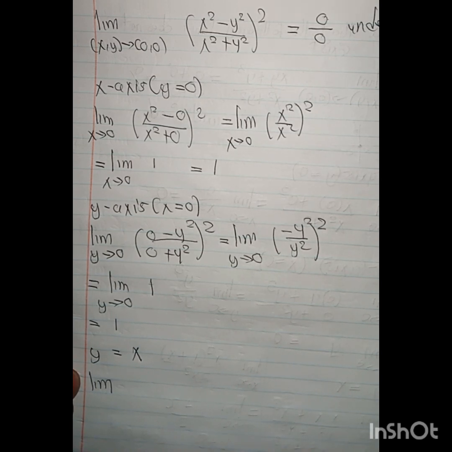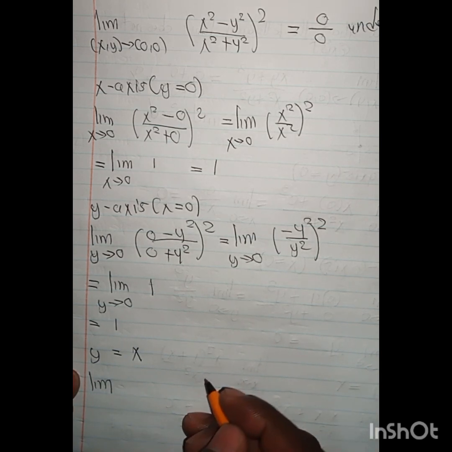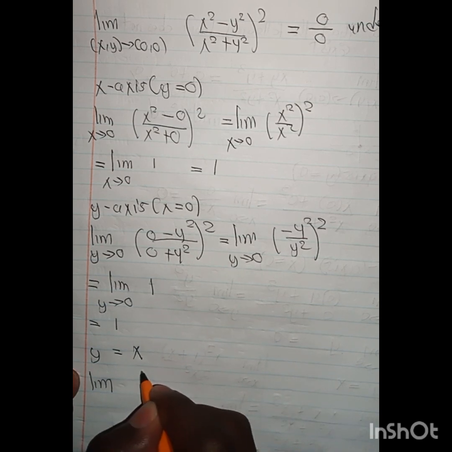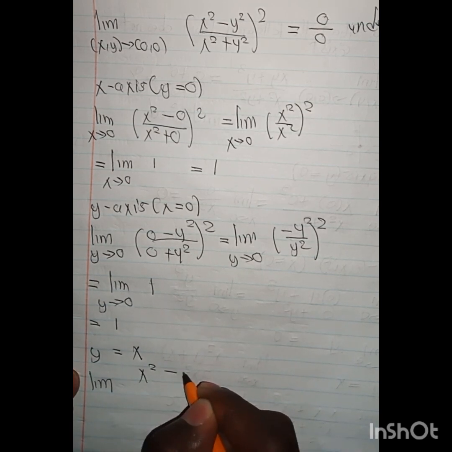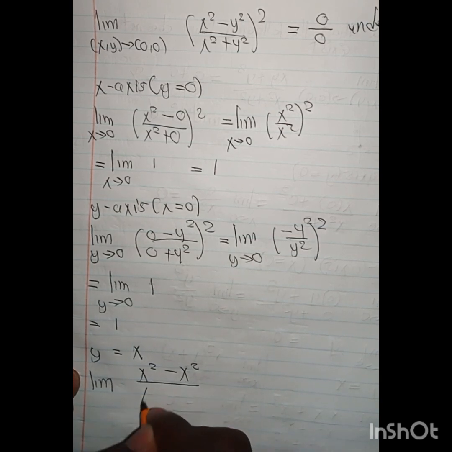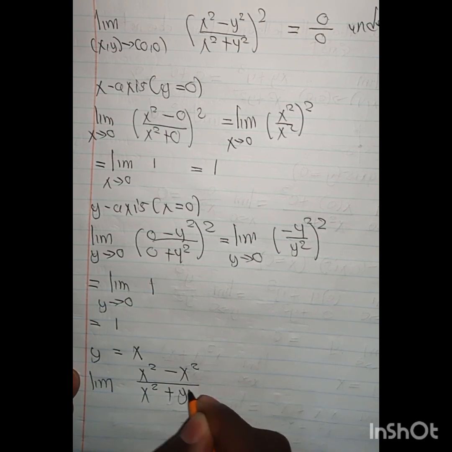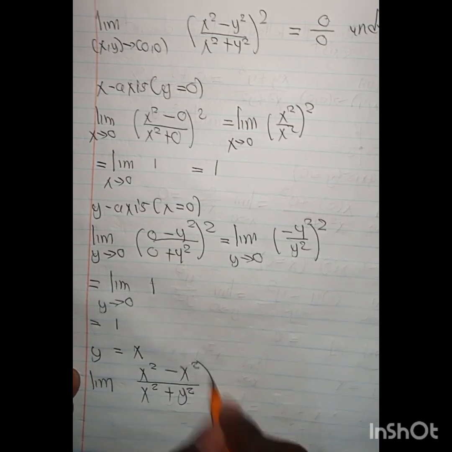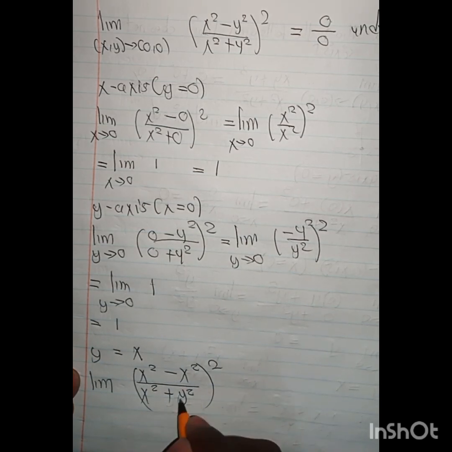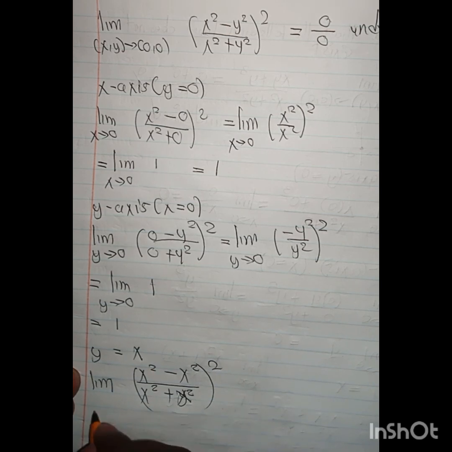If we make y to be x, we'll have x squared minus x squared, all this over x squared plus y squared, then you raise everything to the power 2. This must be x squared if we make y to be x. Therefore x must approach 0 like this.